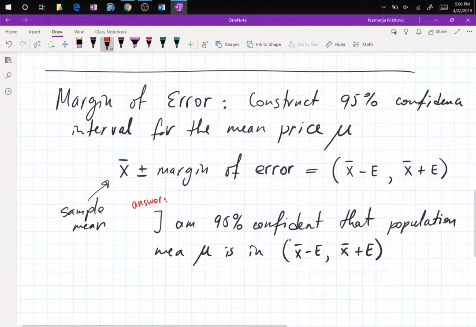And then you will be 98% confident, 95% confident, 90% confident that the population mean mu lies between those two numbers. You don't know where, but somewhere in between those two numbers that you computed. And that is going to be reserved for the next class. And we'll go from there.